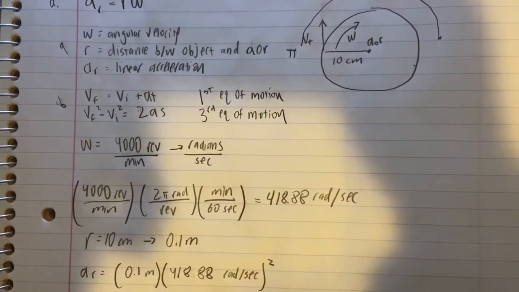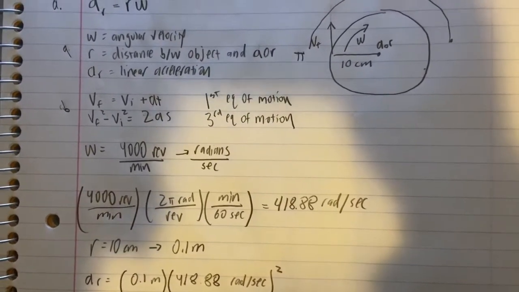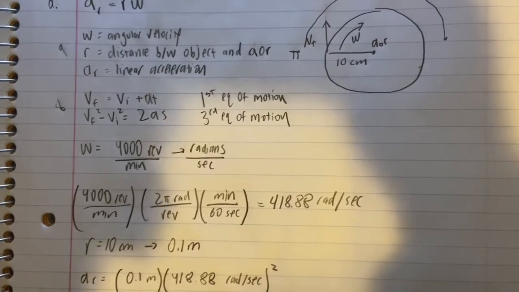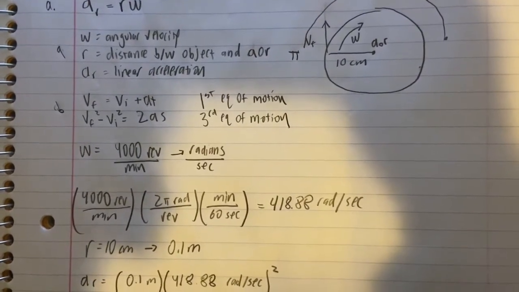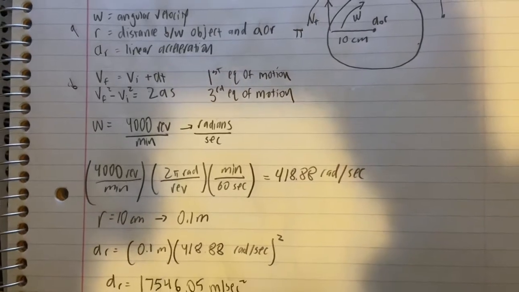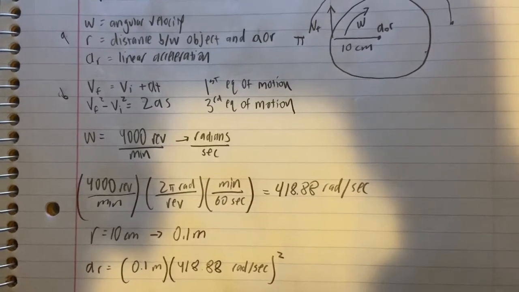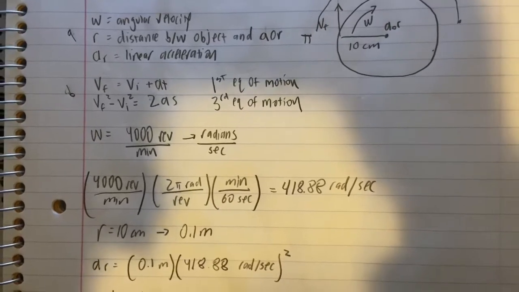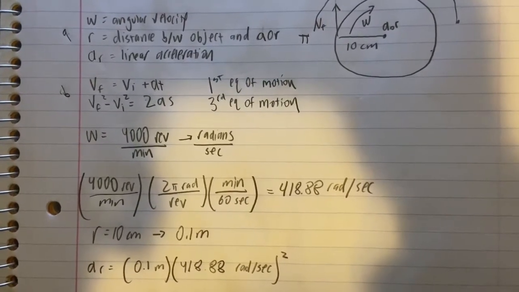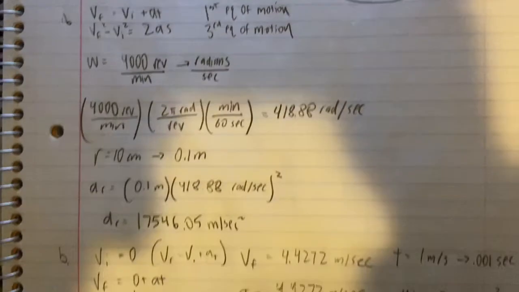The first equation of motion is the final velocity equals the initial velocity plus acceleration times time. And the third equation of motion is the final velocity squared minus the initial velocity squared equals 2 times acceleration times the distance.